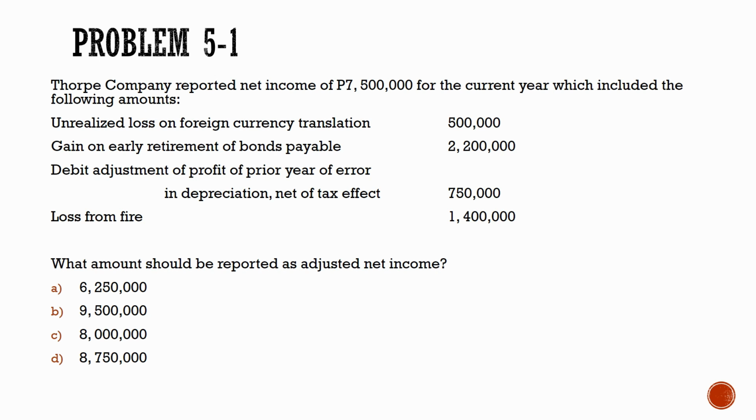So the question is, what amount should be reported as adjusted net income?